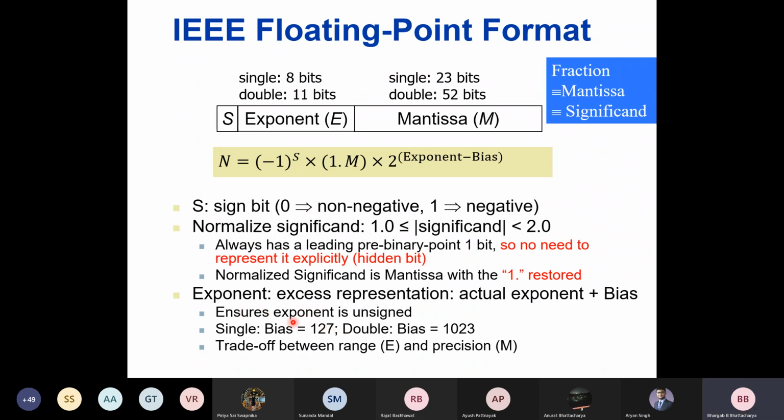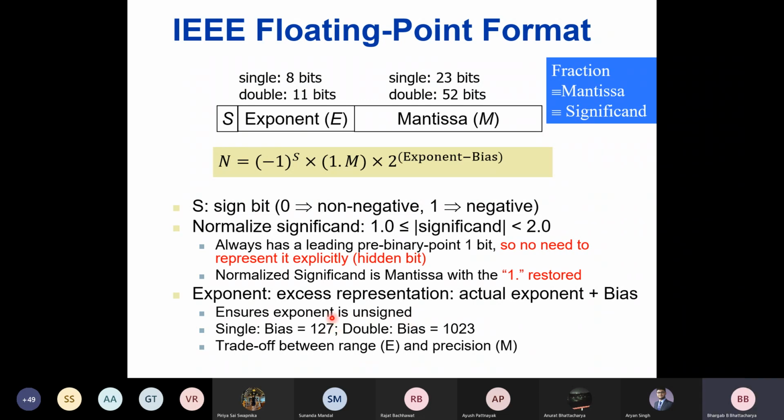This ensures the exponent is unsigned, but it can still represent positive and negative exponents. The bias allows me to represent both using a positive number.